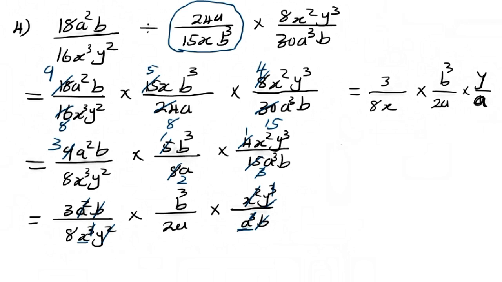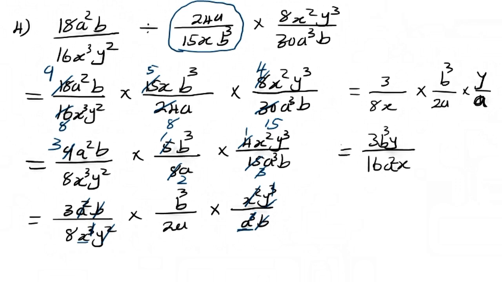Okay, now moving on, let's multiply through. This will give us 3 times b cubed times y, so this will be 3b cubed y, and 8 times 2 is 16, 8 times a is a squared, so this will be 16a squared x.